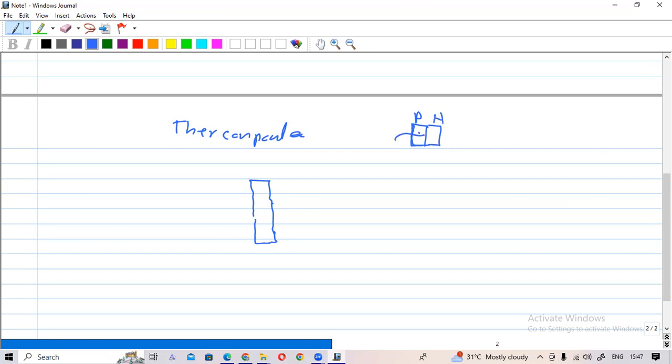So once light impinges on this, it will create a current. What I know is when this is heated, electrical voltage or current is generated.